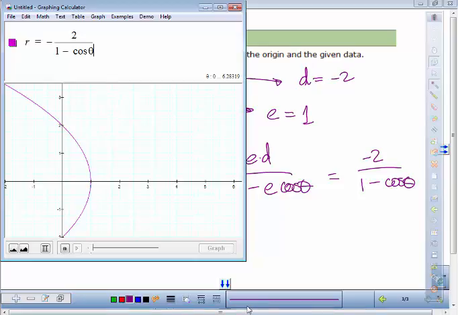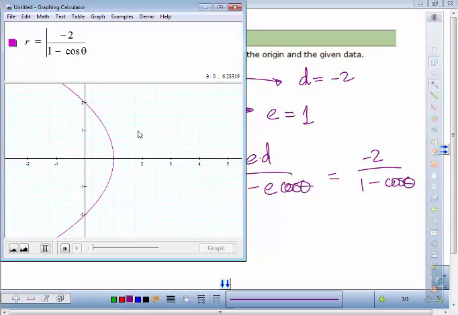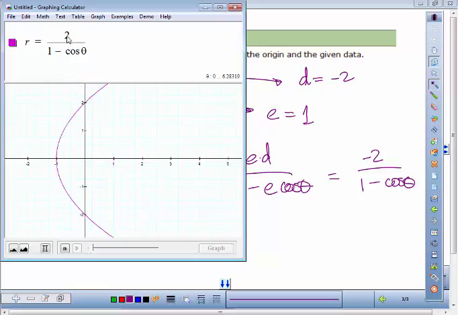Oh, we're going the other way. It has a negative, but it went out there. It should still be the same. And this is why we want to double check our work. See what happens if we put +2. Now it opens up the correct way.